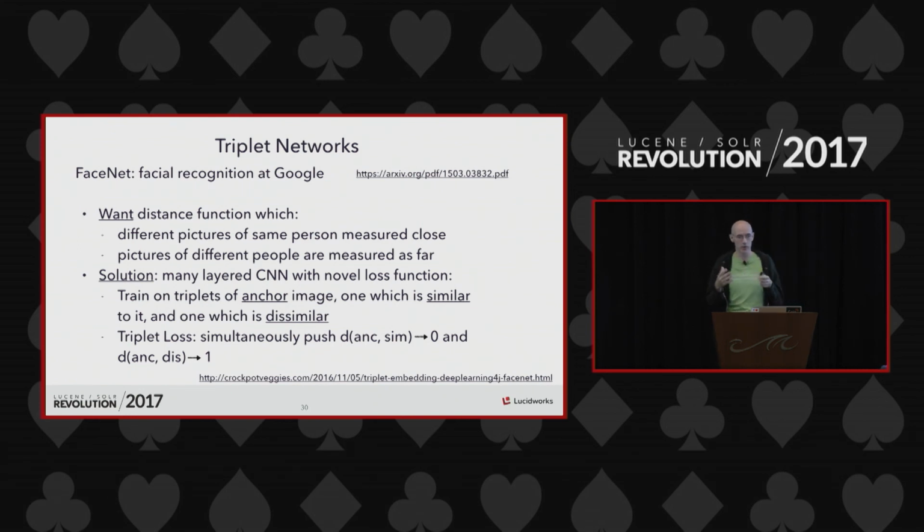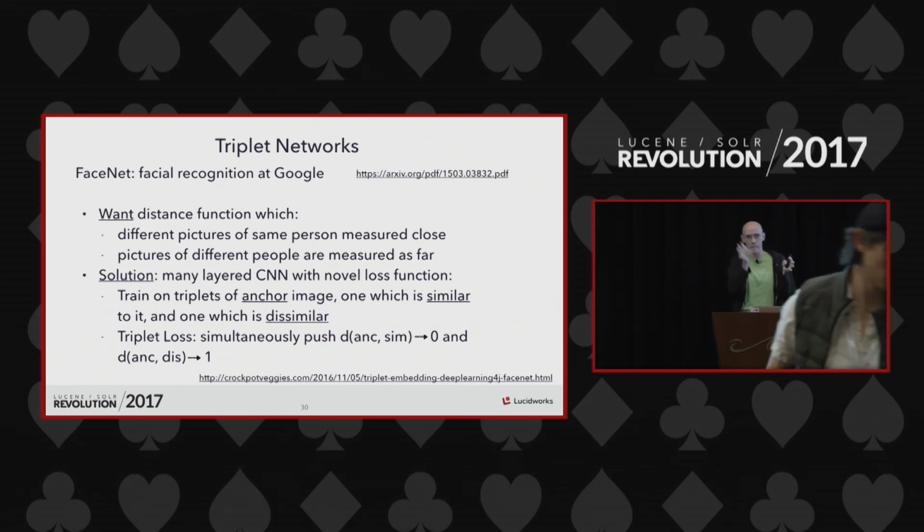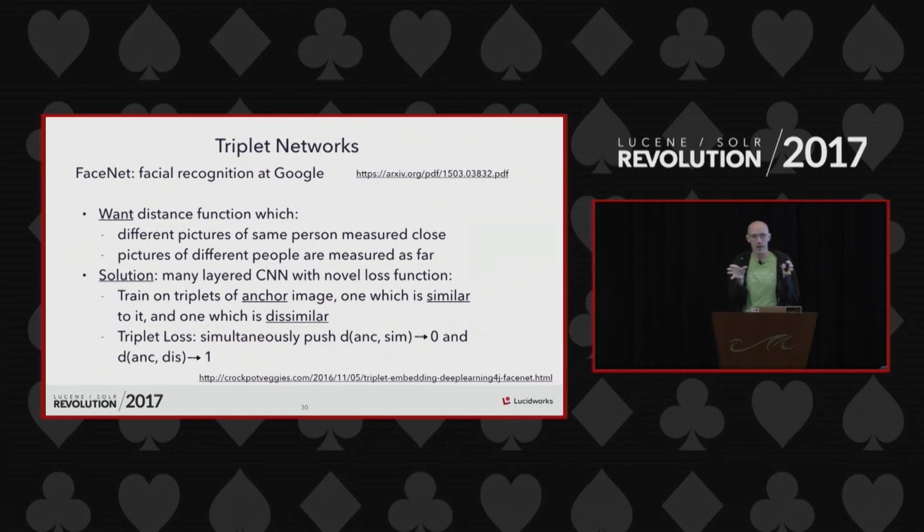So they trained this big, many-layered CNN with a novel loss function, where you're training on triplets: a person, another picture of that same person that should be measured as similar, and then a person that's different. And you want to simultaneously optimize for making the similar people similar and the different person different at the same time.